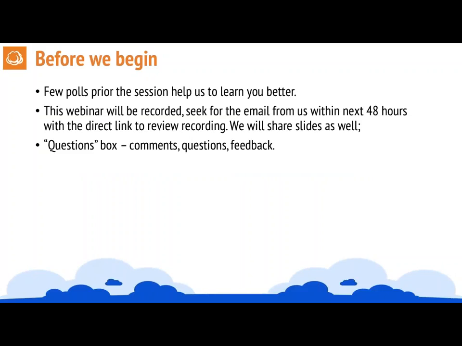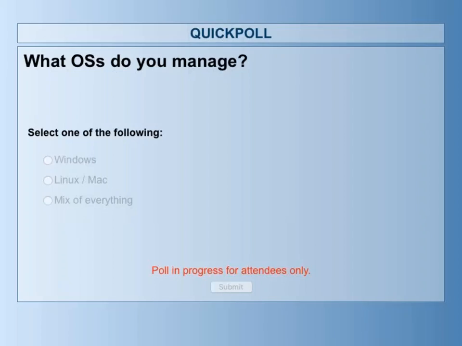Okay, I'm going to launch the other poll, which is also very important because we're talking about different operating systems, and I really wondered to see what you usually manage in terms of operating systems. Excellent.